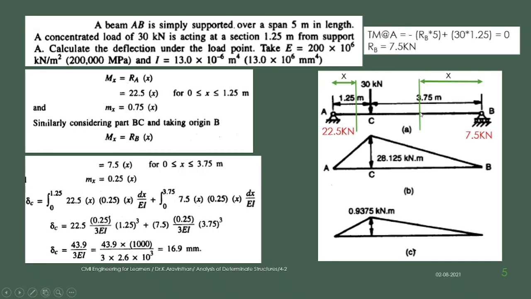Now at this point, if you take the moment, this is for the next element, that is C and B. If you take the moment at the point X here, RB into distance X. Hence the section considered between B and C, taking origin at B, we have made a section and found the bending moment, that is RB into distance, 7.5 into X. So this limit will be 0 to 3.75.